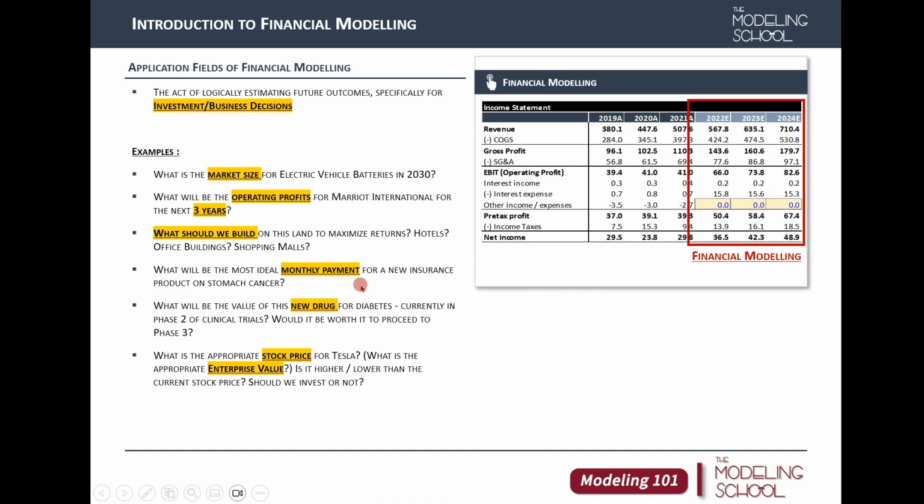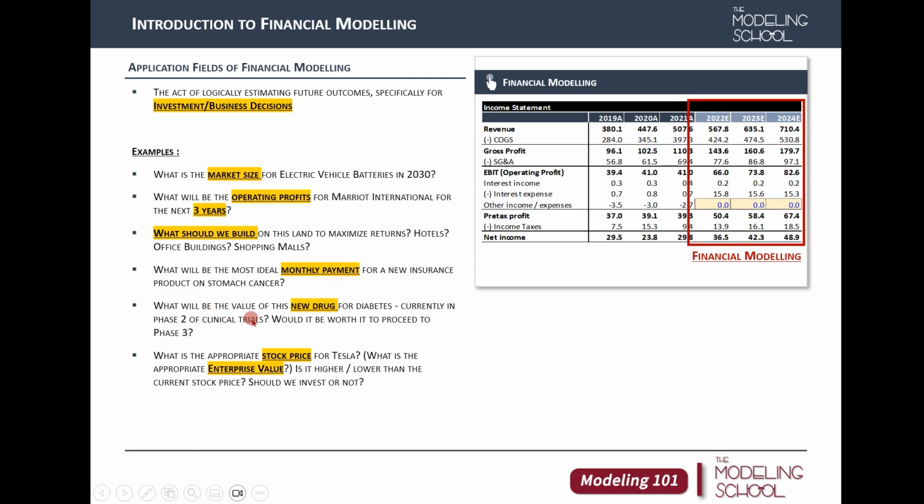So although this is a decision for payments made in the present, in order to make that decision, we have to make forecasts and estimates of future probabilities.